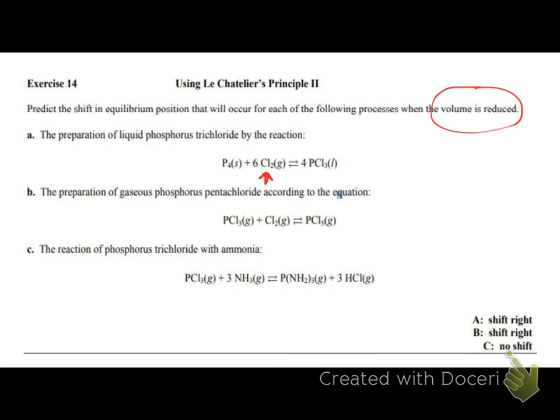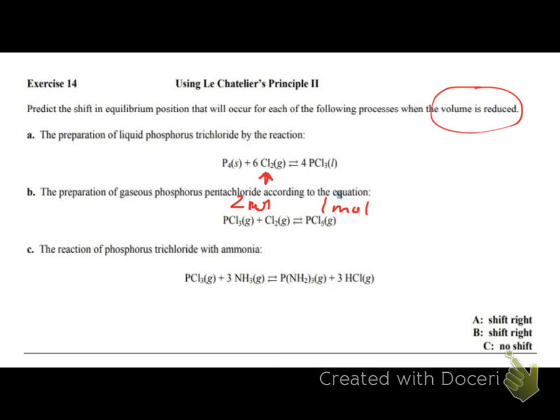Yeah. Okay. And then what about the next one? Where would it shift to? Now this time I've got 2 moles of gas, 1 mole of gas. This time everything's all gas. So when I decrease my volume, I increase my pressure, so it's going to shift to the side with fewer moles. Where would it shift in the first one?